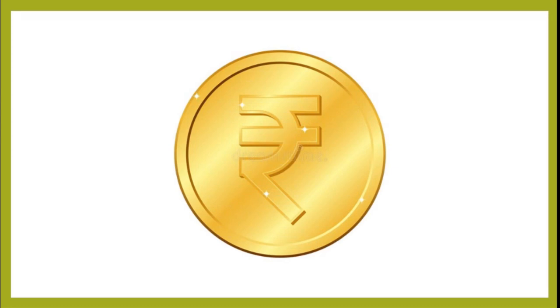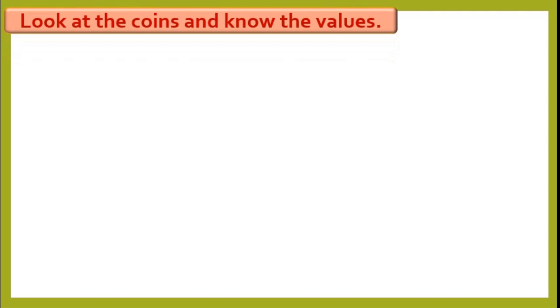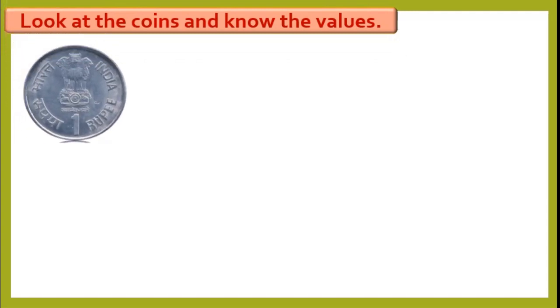First we will take a quick recap of the last lecture. See dear students, this is a symbol for rupee. In India we use rupee as money, isn't it? And this is the symbol for rupee. Look at the coins and know the values.